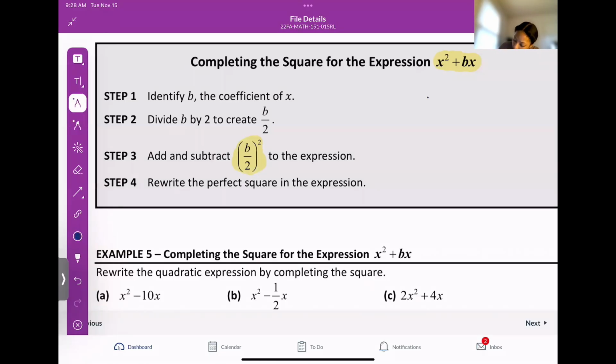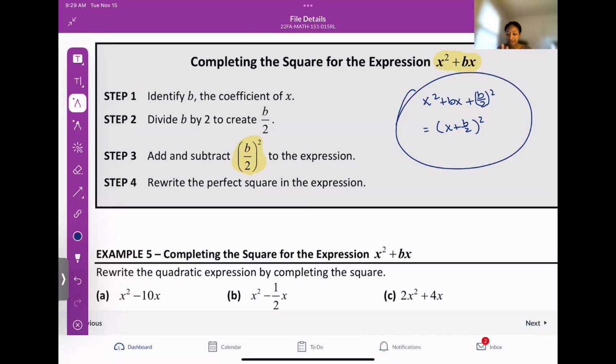If we have x squared plus bx plus b over 2 squared, this simplifies to x plus b over 2 all squared. It simplifies to a perfect square like this. That's the idea that we're using. So we're going to need to be able to identify b, find b over 2 squared, whatever that number is, add and subtract it from our equation, and then simplify like this.